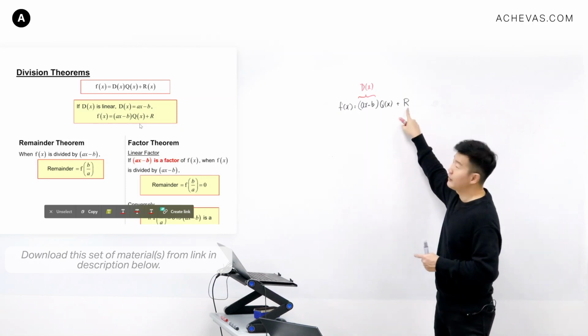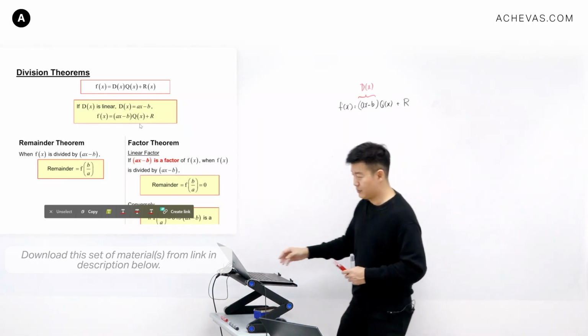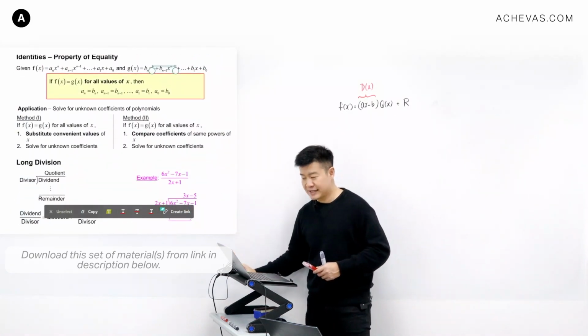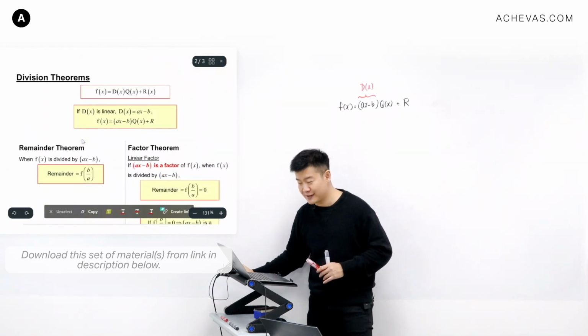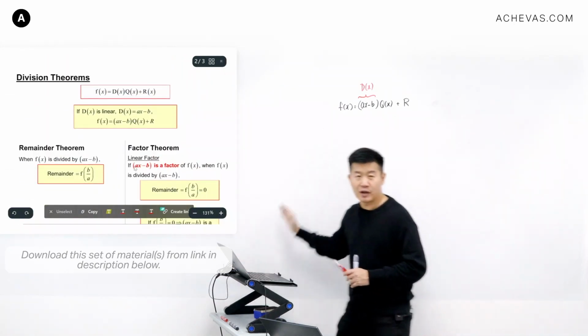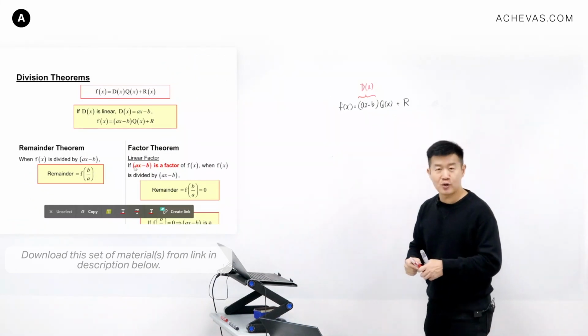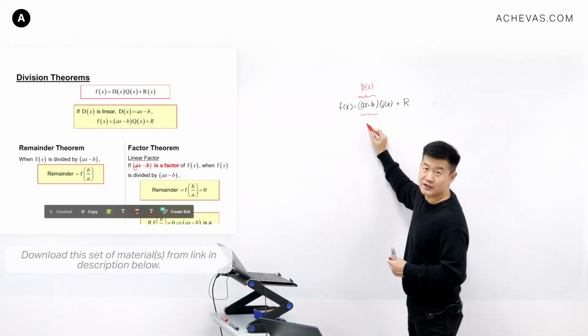And if I'm supposed to find the remainder, which is r, we have done this before, because in the previous part we talked about substituting convenient values of x. So if I apply that to this scenario, my aim is to find r. What is the convenient value of x that we are going to use? We are going to use a value of x that will cause this to be 0.